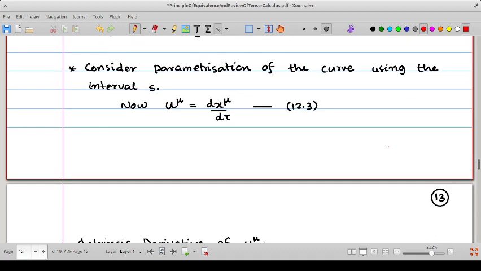Now in the case of the space-time manifold in general theory of relativity, we can also define the proper time in the following way. If ds is the space-time interval between any two events, then that is defined to be equal to c dτ, where τ is the proper time and s is the interval.